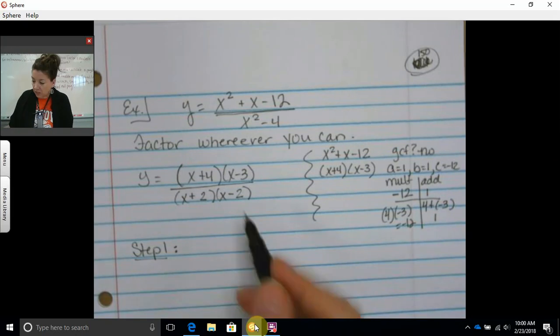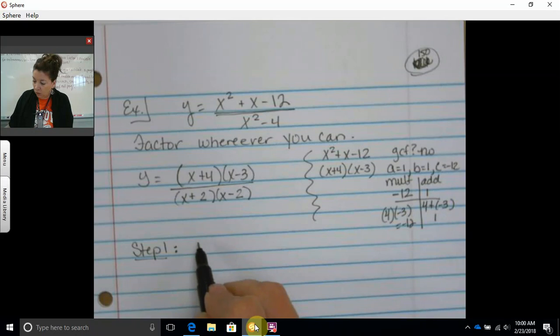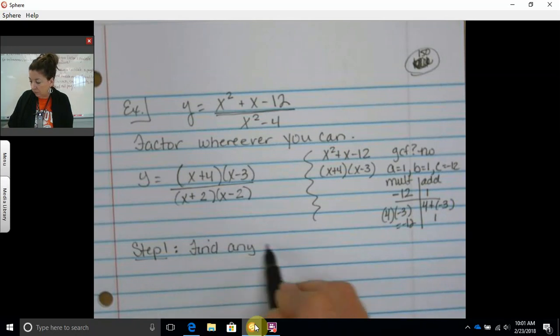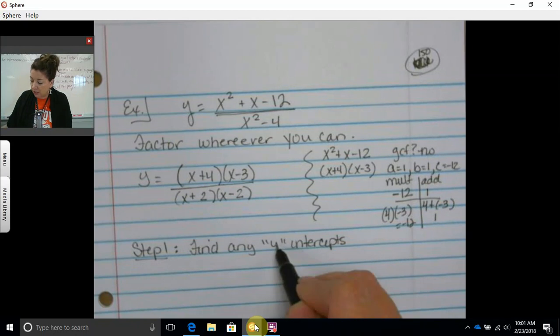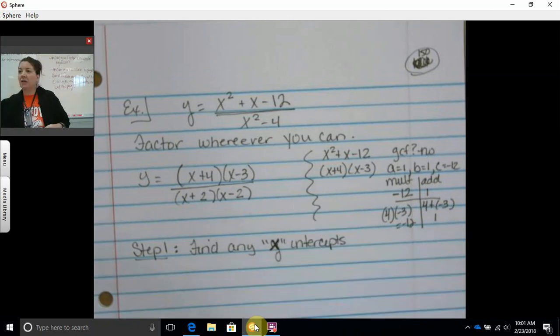So, step 1, find any y-intercepts. Remember, y-intercepts is where the graph crosses the y-axis. X-intercepts. Golly, what's wrong with me today? Tell y'all to find my mistakes and I'm just making them left and right.